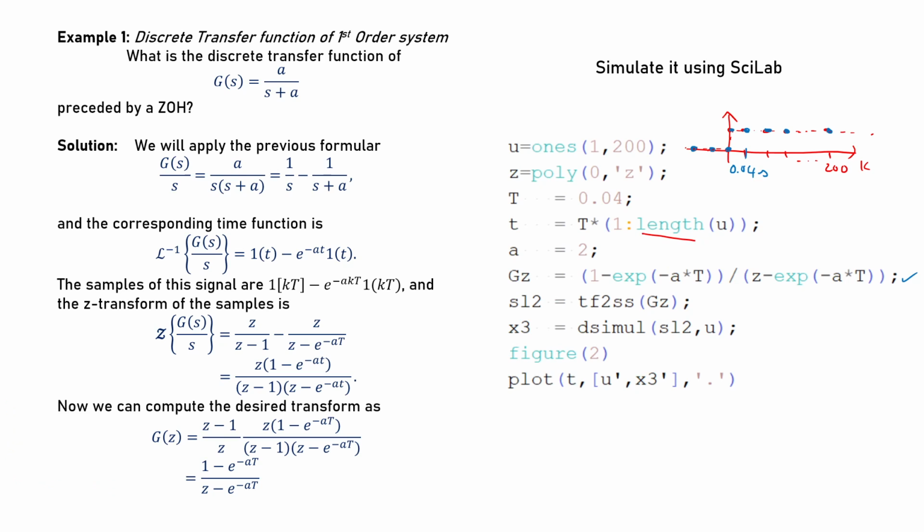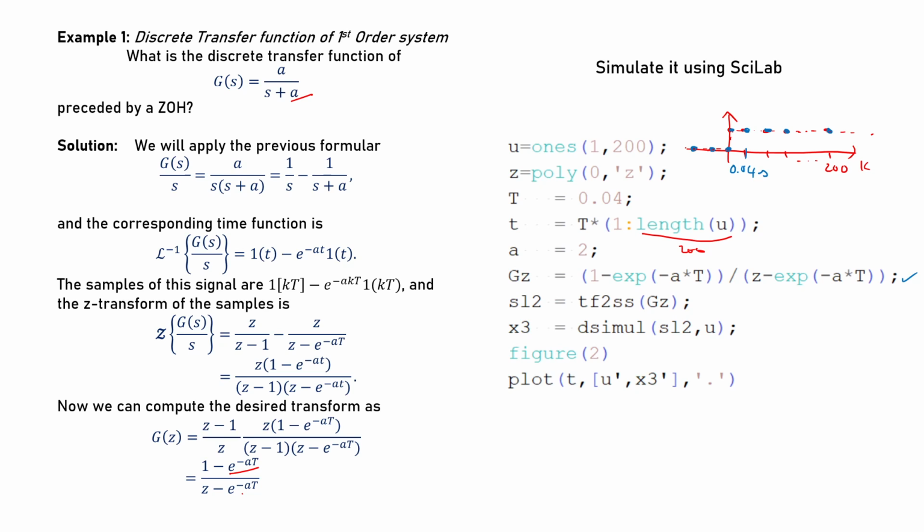A is from here, A for this A, and GZ is here: 1 minus exponential of minus AT over Z minus exponential of minus AT. So GZ is defined that way.